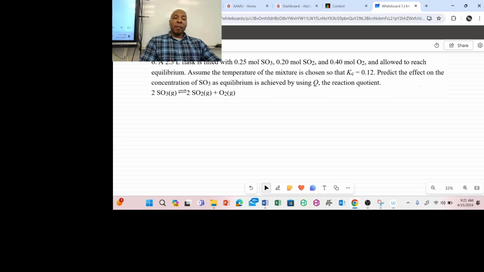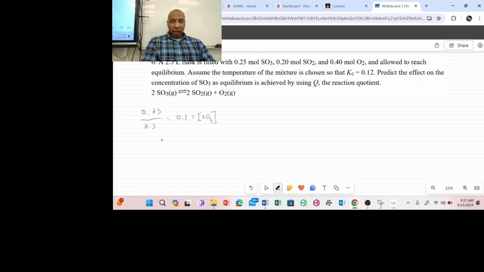Okay, so guys, I made this problem. Well, I didn't actually. I took this off a test bank, but they made it harder than they needed to because they didn't give you the molarities. They gave you the moles and the volume. So you have to calculate the molarity, which is not that big of a deal. We can do that. 0.25 divided by 2.5 is equal to 0.1, which is equal to the concentration of SO3.